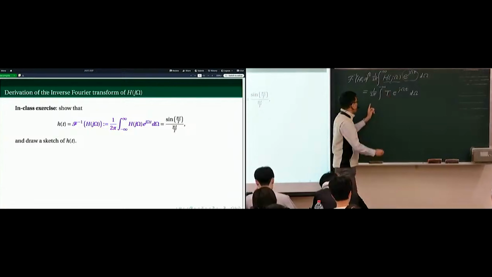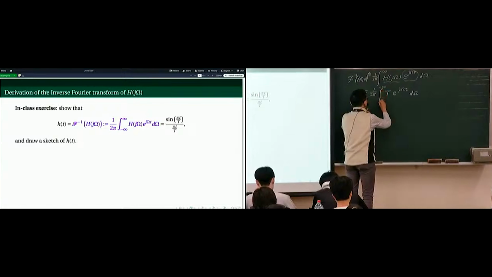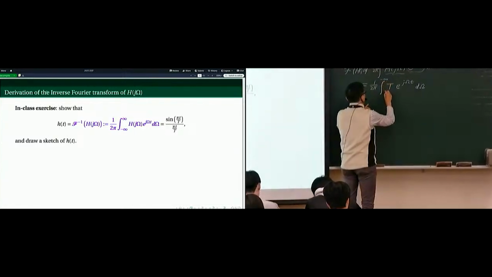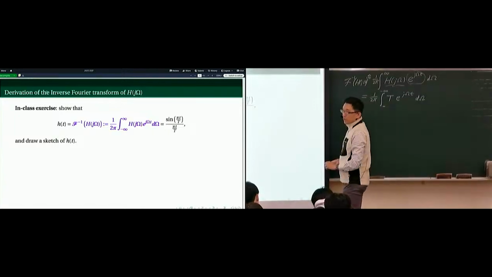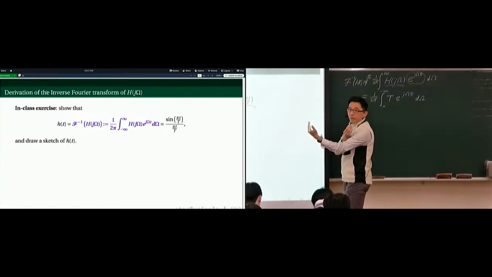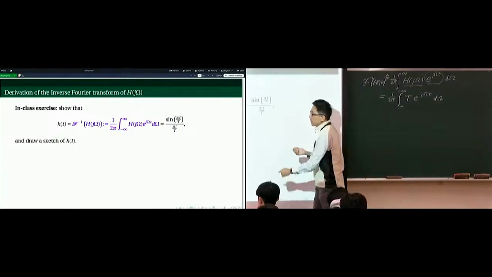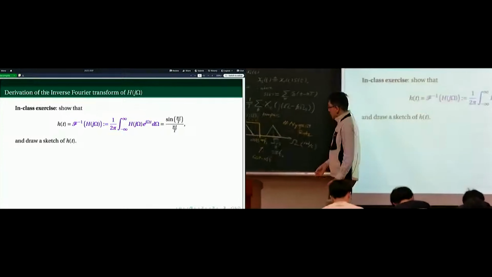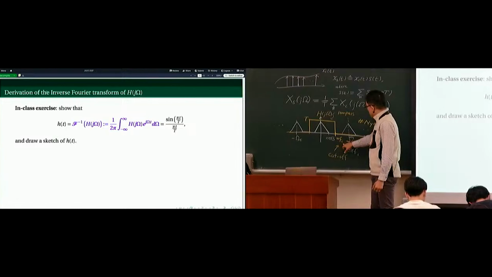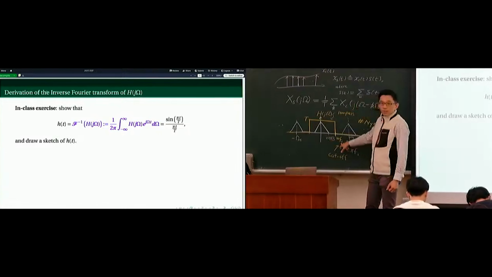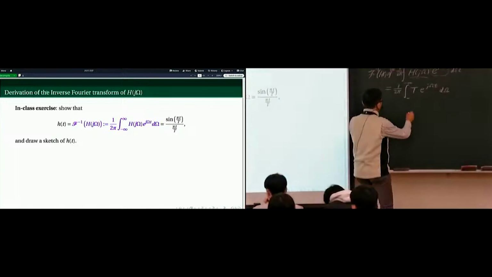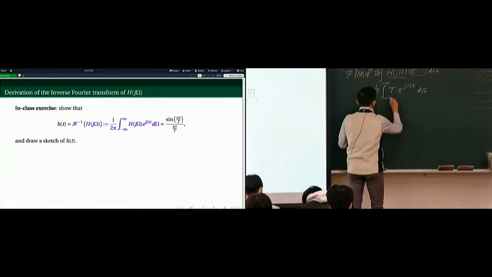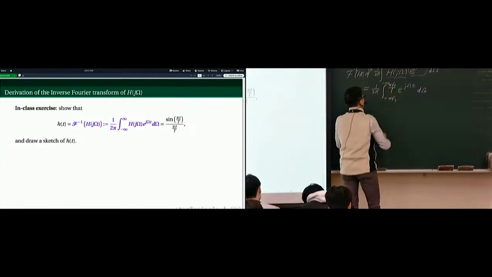So the lower and upper bounds for integration should be within the cutoff frequency, within that bandwidth. So the integration should happen from minus pi sampling rate to plus pi sampling rate.